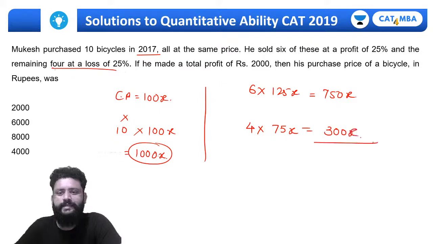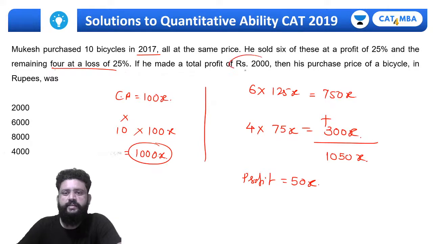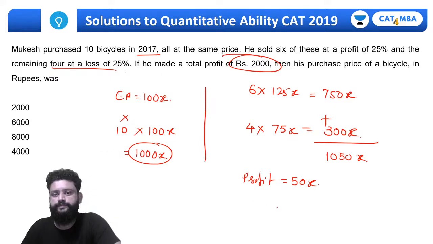So still he had some profit. Still he had the profit of the total he sold for 1050x. Still he's having a profit of 50x. And 50x is given as 2000. इससे इजी और कुछ नहीं हो सकता है. 50x is 2000.